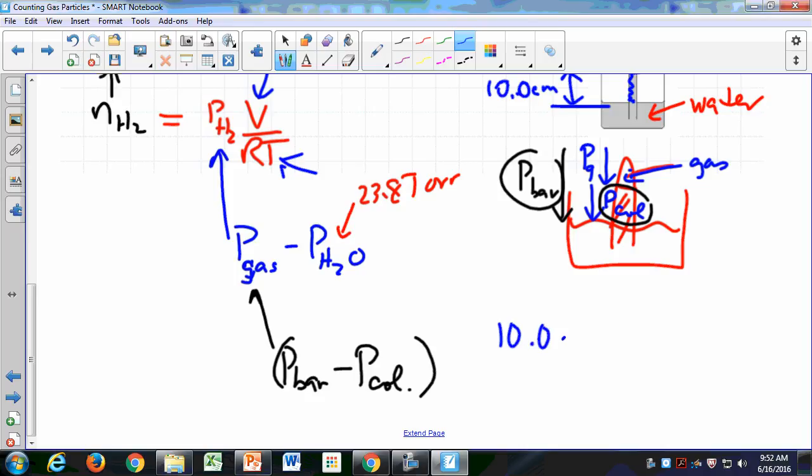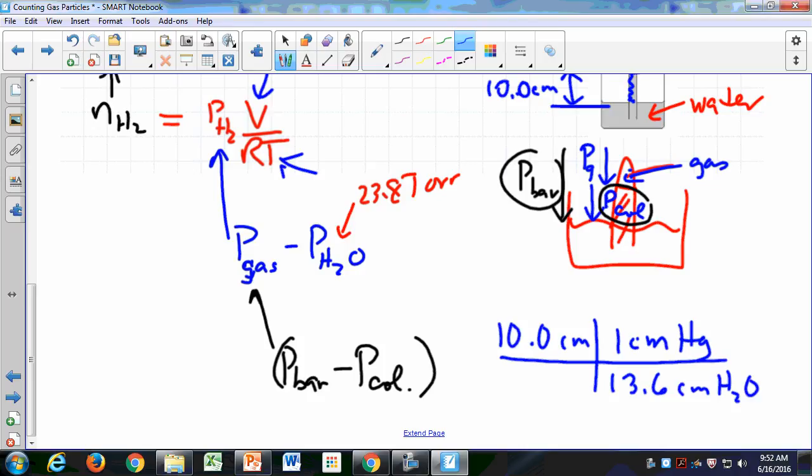You can convert that to centimeters of mercury. 1 centimeter of mercury is equivalent to 13.6 centimeters of water. Mercury is 13.6 times more dense than water. That converts it to centimeters of mercury, and then you can convert that to millimeters of mercury, which is a torr, so that you can subtract it from the barometric pressure, which is given in torr.